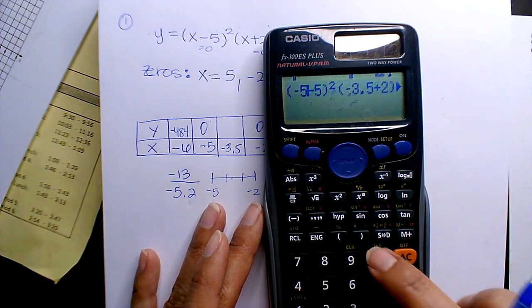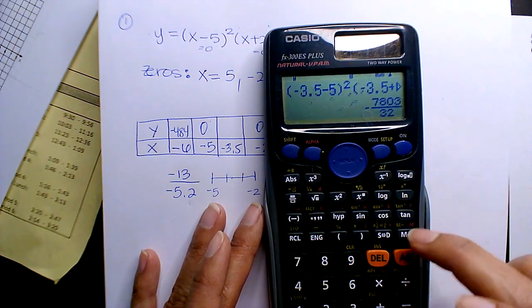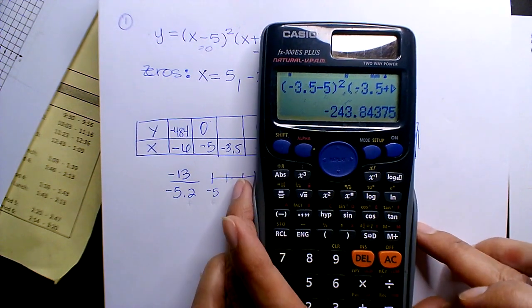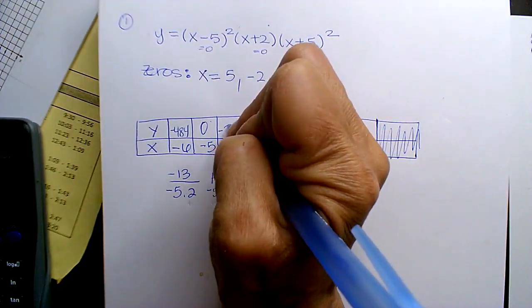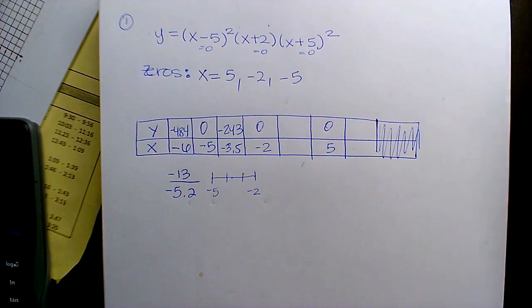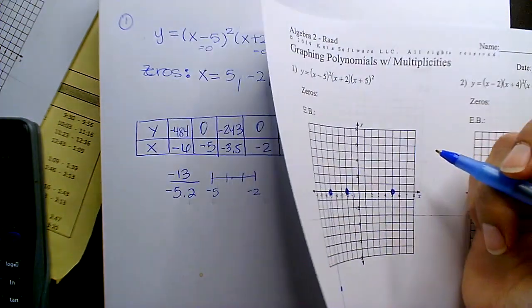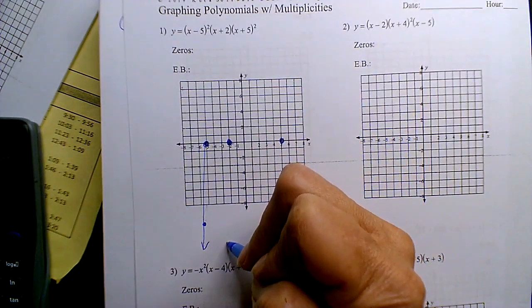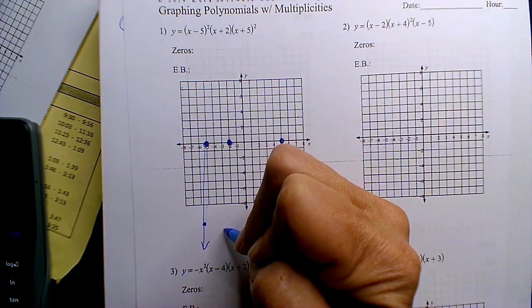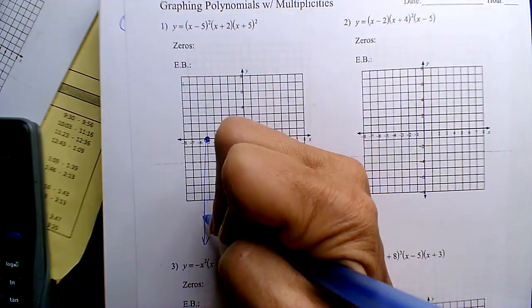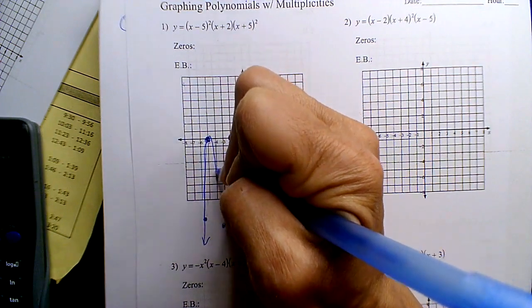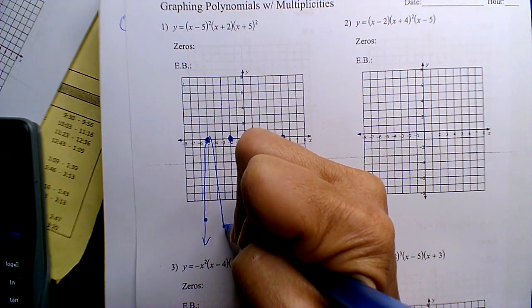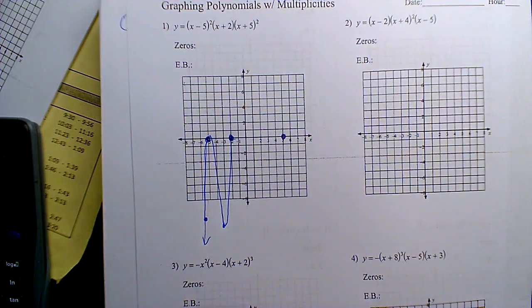And I get negative 243. So this is huge. Okay, so either way, it is coming way down here, right? So we'll just put it down below. It's coming down, and now it's got to go right back to negative 2, right?